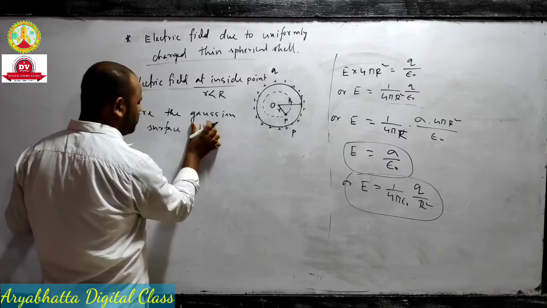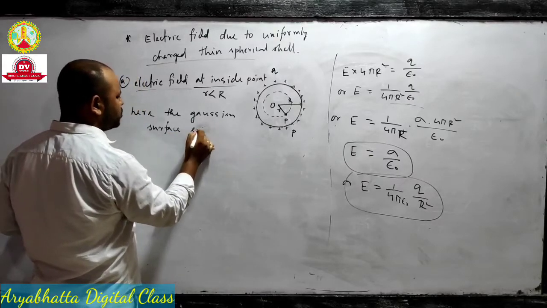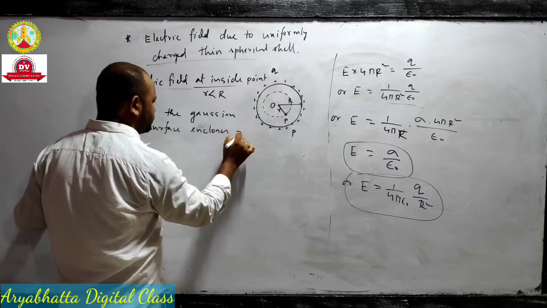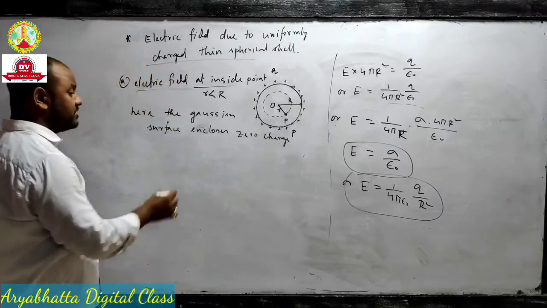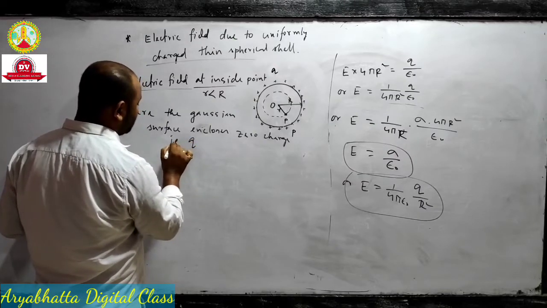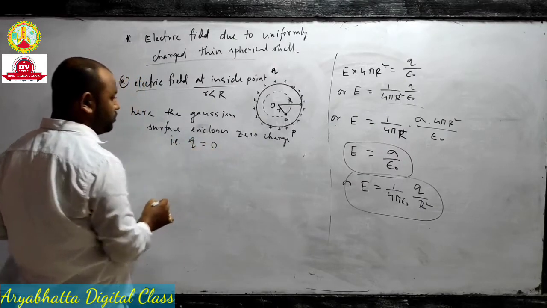That means the charge enclosed by the Gaussian surface will be equal to 0.